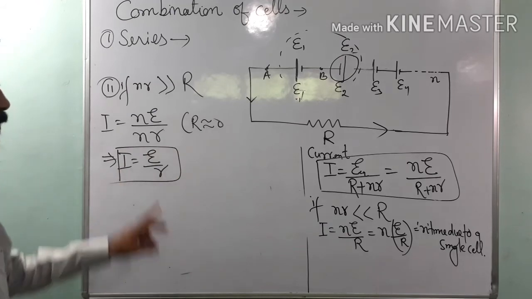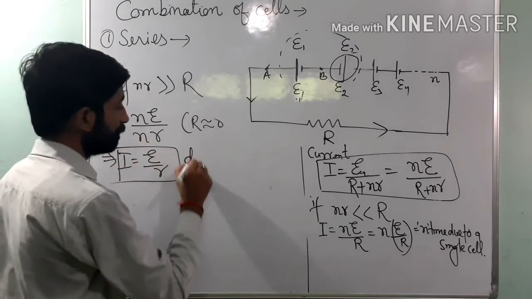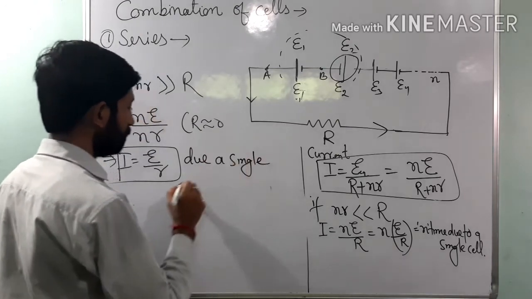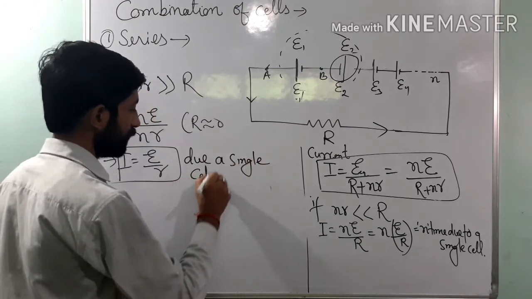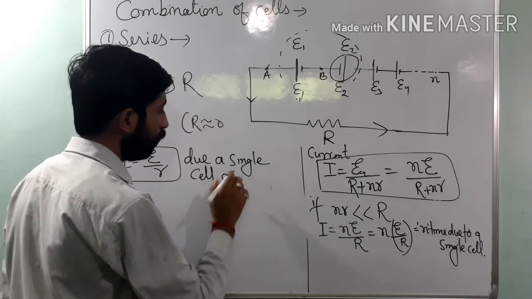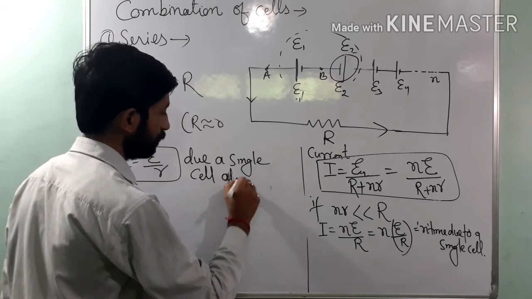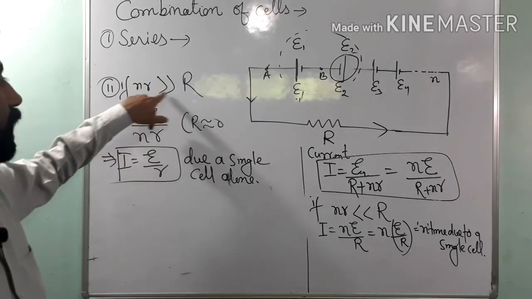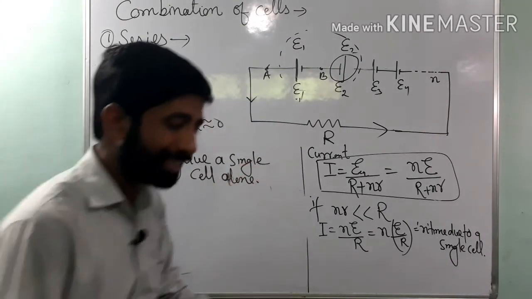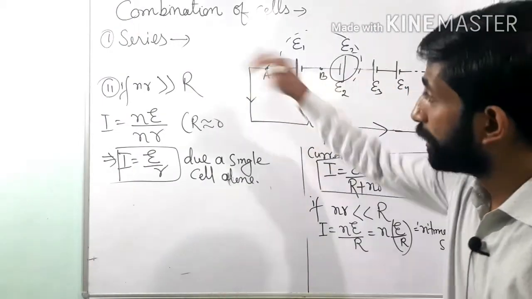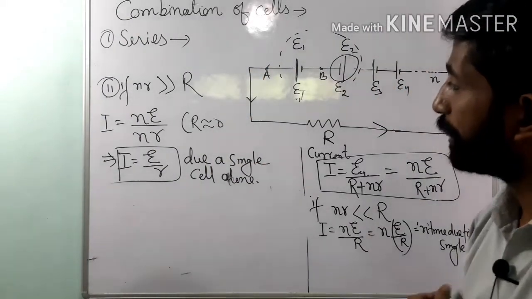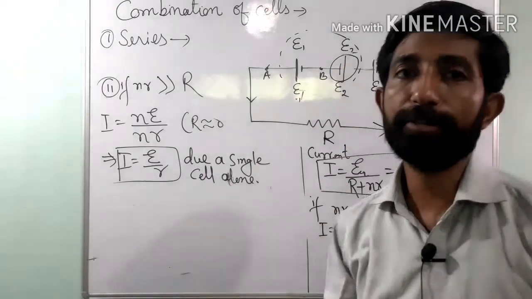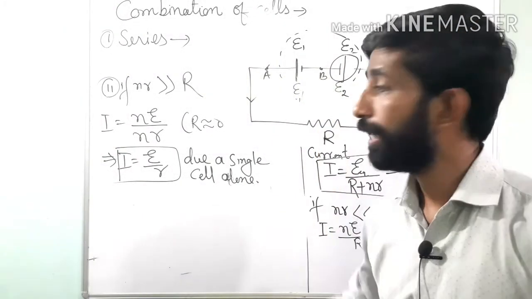That is, the current will be the same as that due to a single cell alone. It means if the external resistance is much less than the internal resistance of the cell combination, then the current given by this combination will be exactly equal to the current given by a single cell.